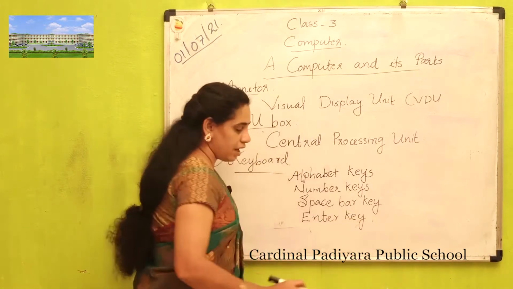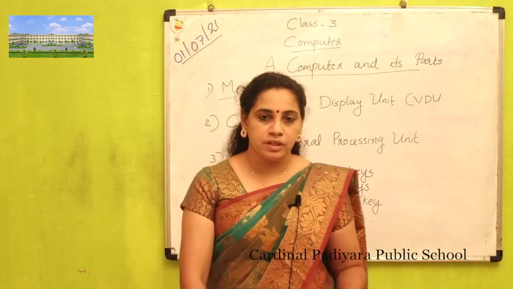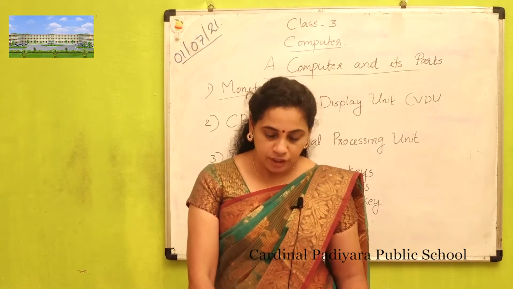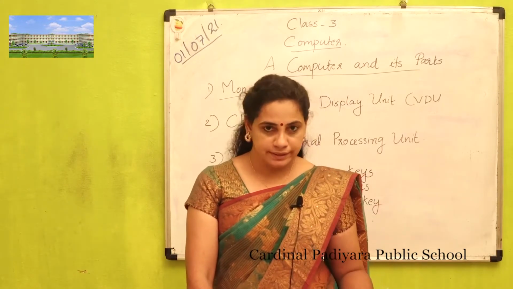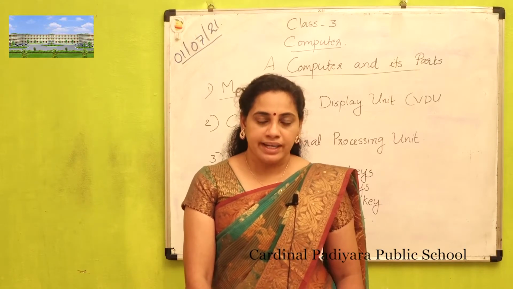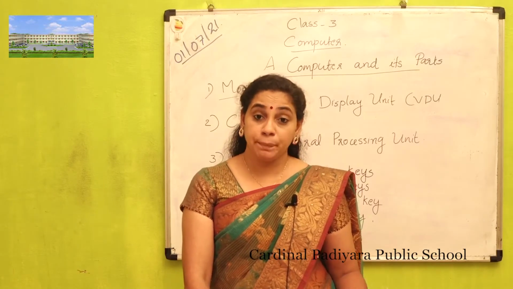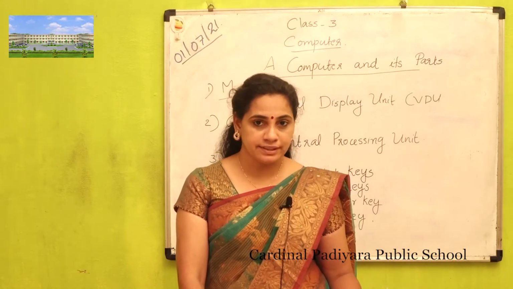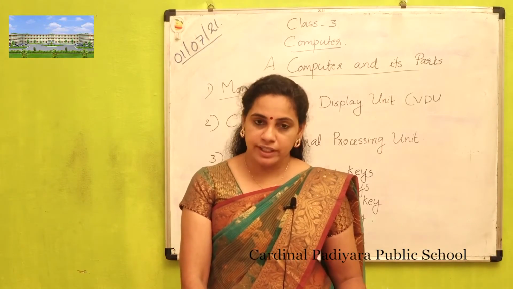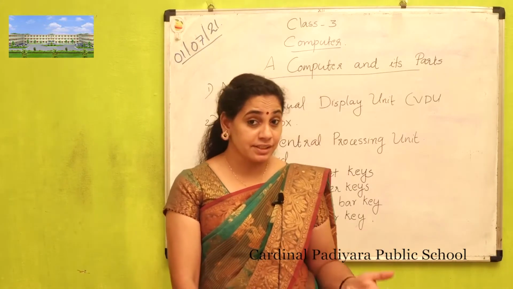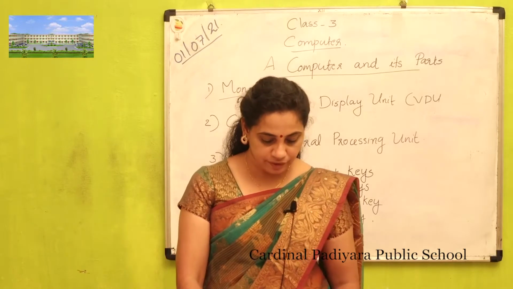Once again, alphabet keys are used to type words and sentences. Number keys are used to type numbers. The spacebar key is used to add a space between two words. And the enter key is used to move the cursor to the next line.